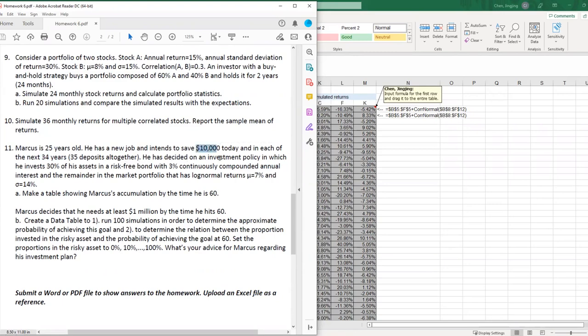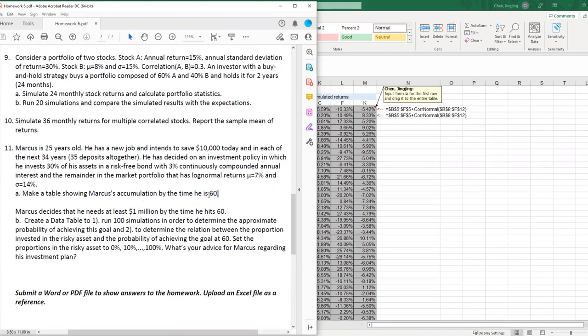He has decided on an investment policy in which he invests 30% in risk-free at a 3% interest rate, and 70% in a market portfolio that has a log return of 7% and a standard deviation of 14%. Now we want to show Marcus' accumulation by the time he is 60 years old.